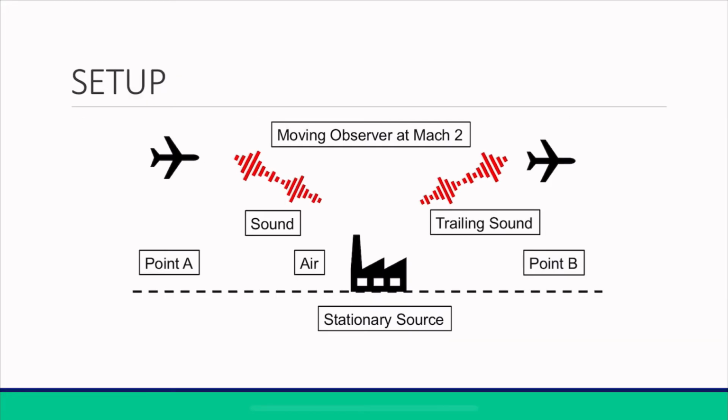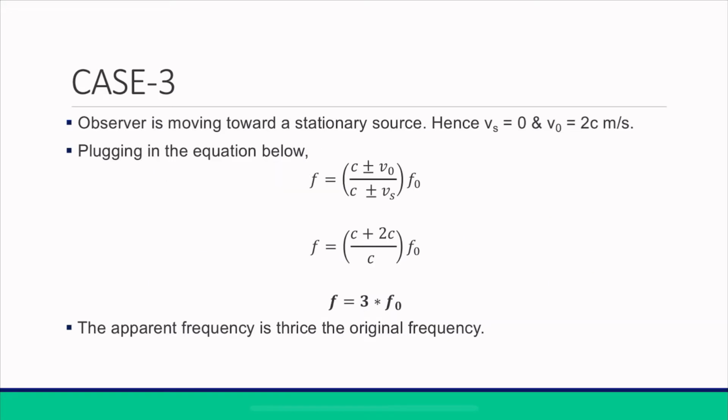So here's the second setup. This setup involves the plane being the observer, whereas the source is stationary, for example, a factory or industry emitting sound waves. We're going to see how the observer in the plane, who's traveling at Mach 2, is going to register the sounds when he's coming toward the source and when he's receding away from the source. The first case is the observer in the plane moving toward the stationary source.